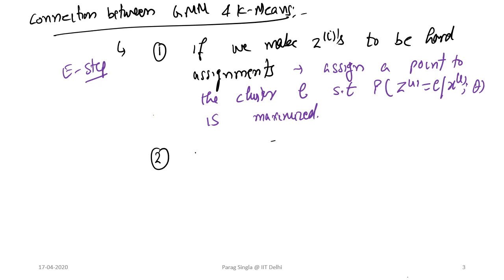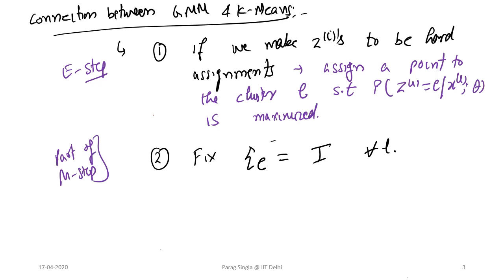And second, fix each of the covariance matrices to be diagonal, for all L. This is part of the parameter estimation, the M step.